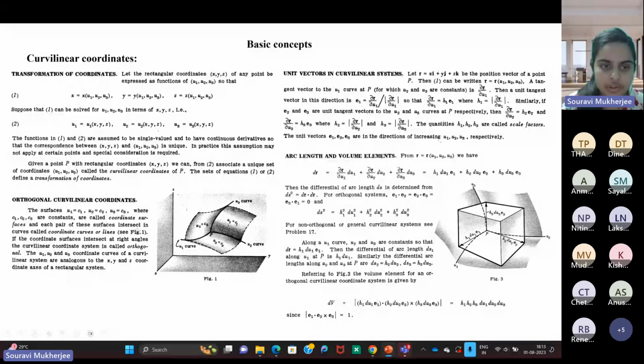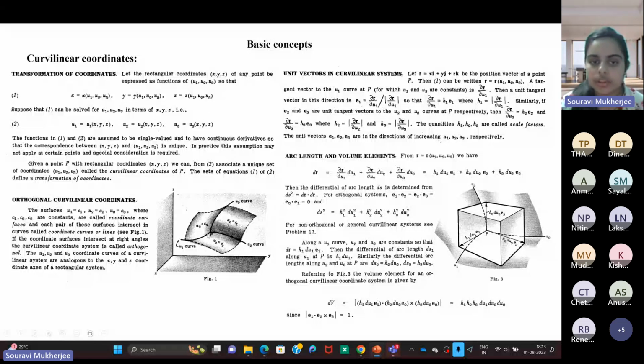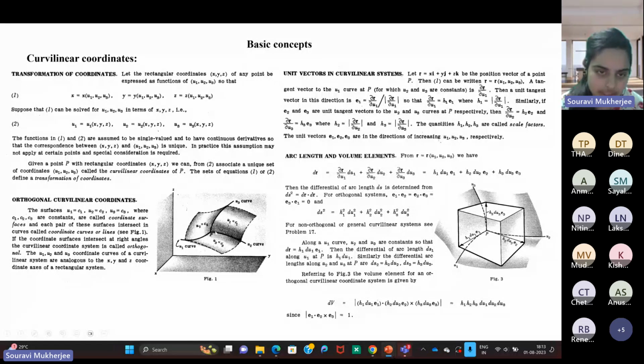So now what happens is, this u1 curve, u2 curve, and u3 curve are now your axes based on which you want to find your coordinates. Now what you want to do is, suppose you have some vector, you want to see how your vector changes along this direction, along this direction, and along this direction, right?